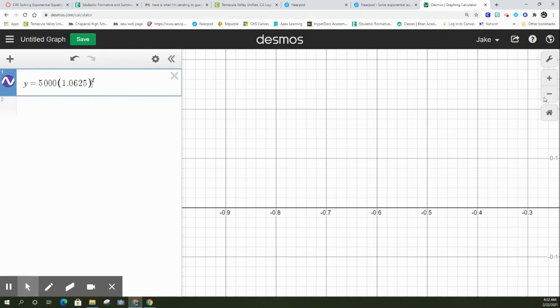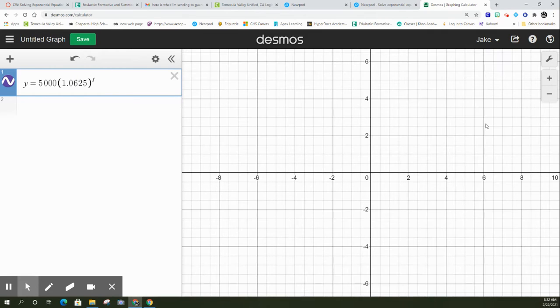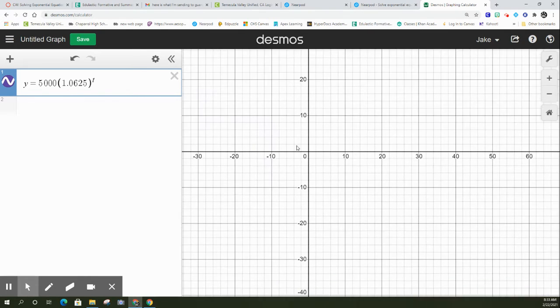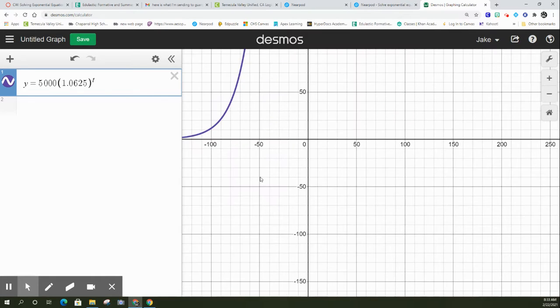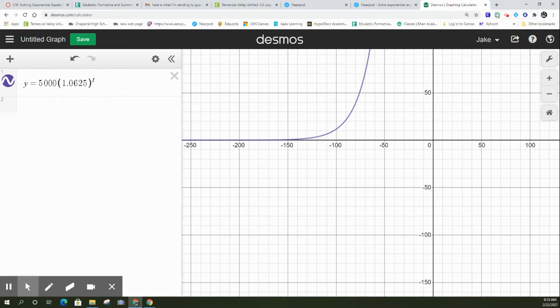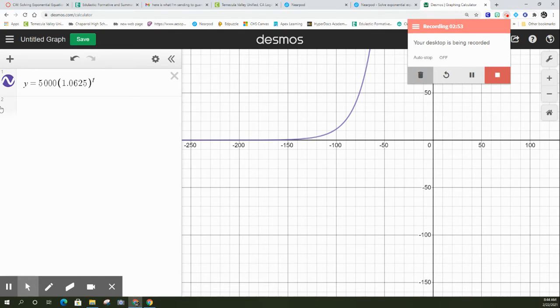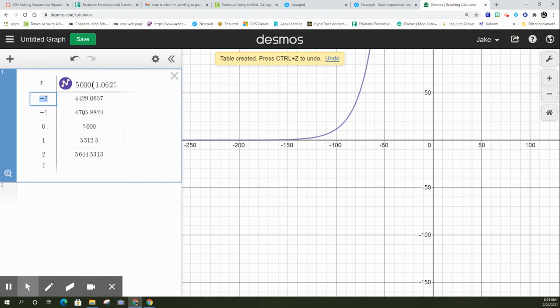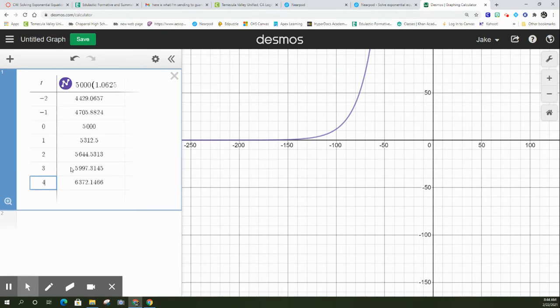And we have this function here that we don't see on our graph because it's zoomed out too far. So we want to see a table of values here. At 0, it's 5,000. You just keep making your table of values. We know at 4 what it was, so we have to go bigger than 4.